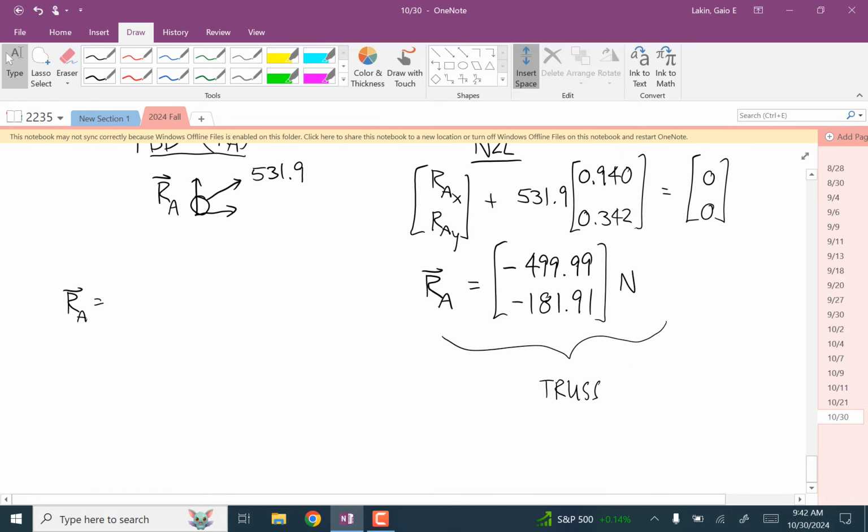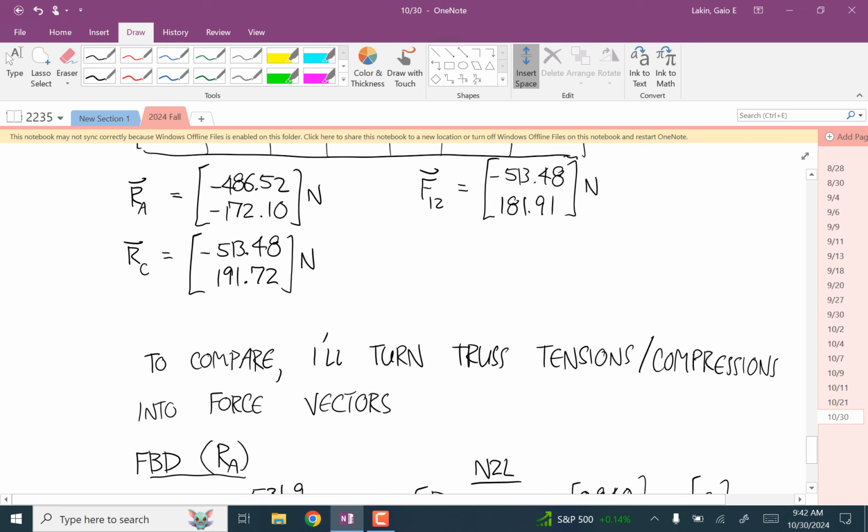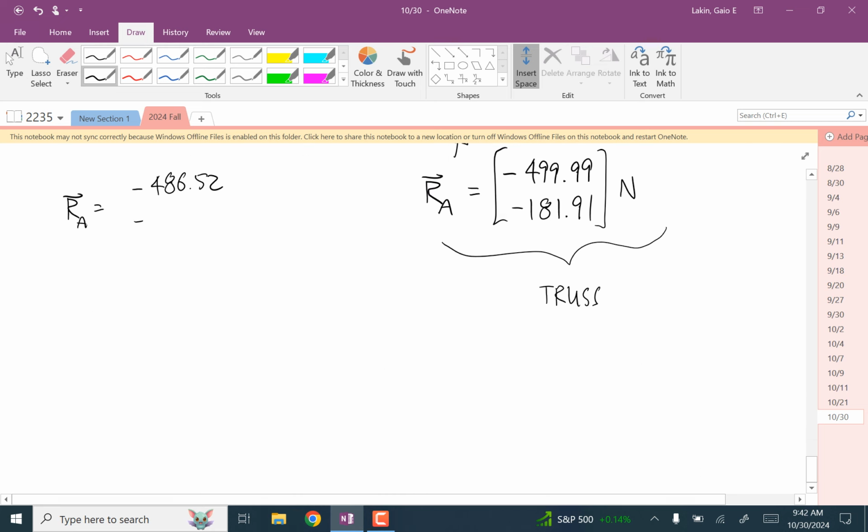We got negative 486.52, negative 172.10 for the full.